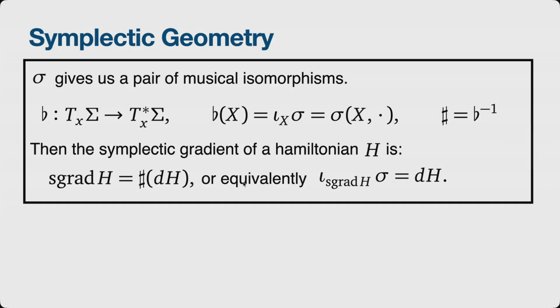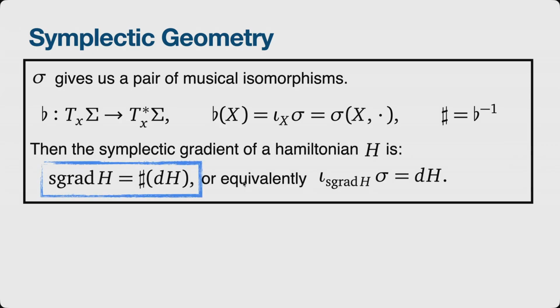The flat of x is really just inserting your vector x into the first slot of your two-form. Because the two-form expects two vectors, you take in one vector, and you're still expecting another vector, and now you end up with a one-form. And then you can take the inverse, and you get the sharp operator. Because the symplectic form sigma is non-degenerate, the inverse will always exist.